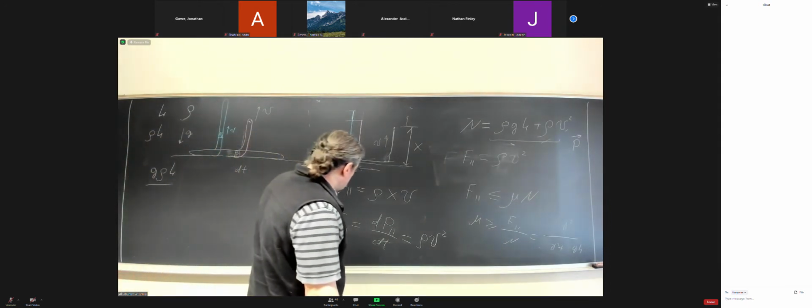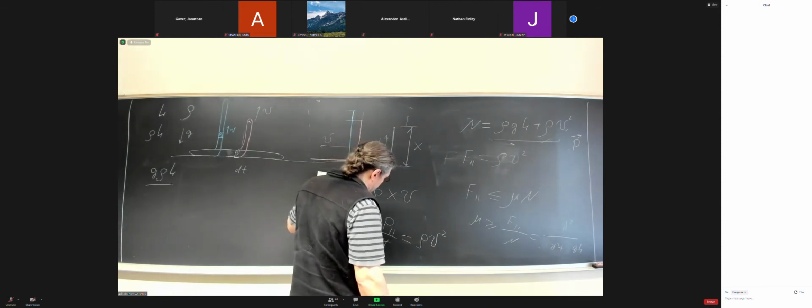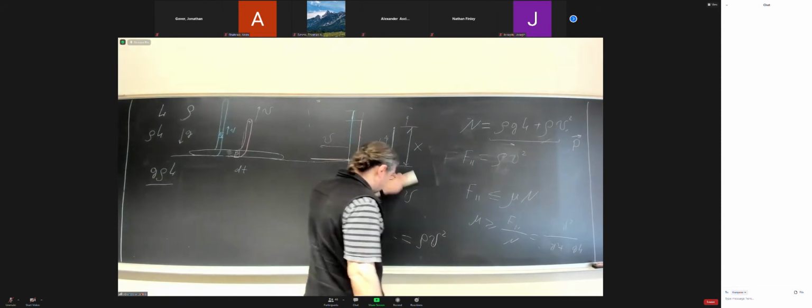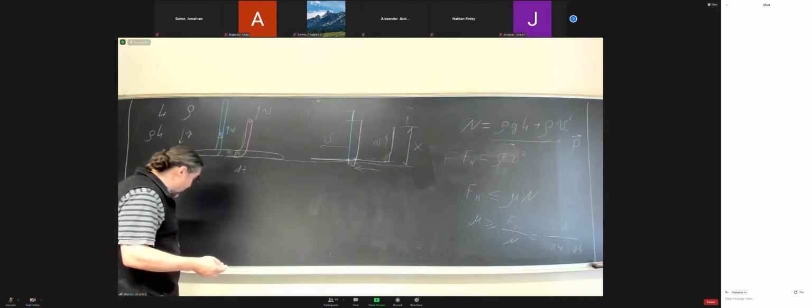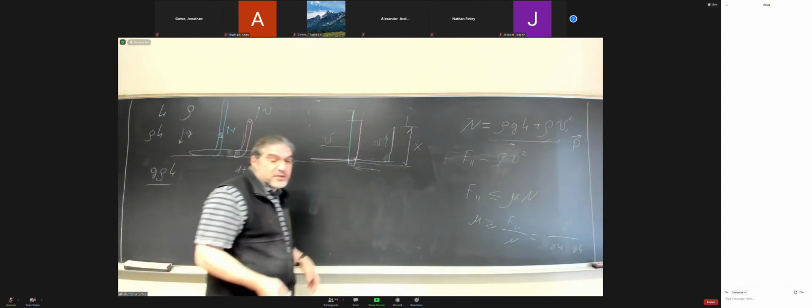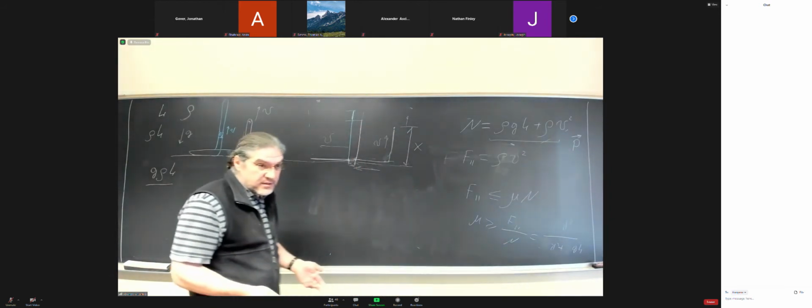All right. So let's now compute what was the total work which is done by the snake, mechanical work. The total mechanical work which is done by the snake equals the total change of mechanical energy of the snake.